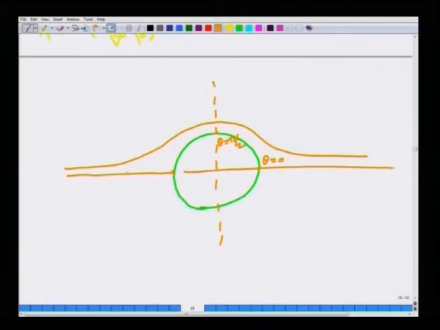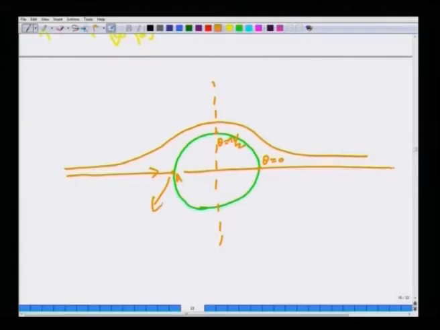Now, if I look at the flow as it comes in this direction, at this point A, the flow velocity comes to 0, because it is completely normal. At the surface of the cylinder there is no velocity. So, as per Bernoulli equation, the pressure here is a stagnation pressure. It is P naught plus half rho V squared, but V squared is 0.